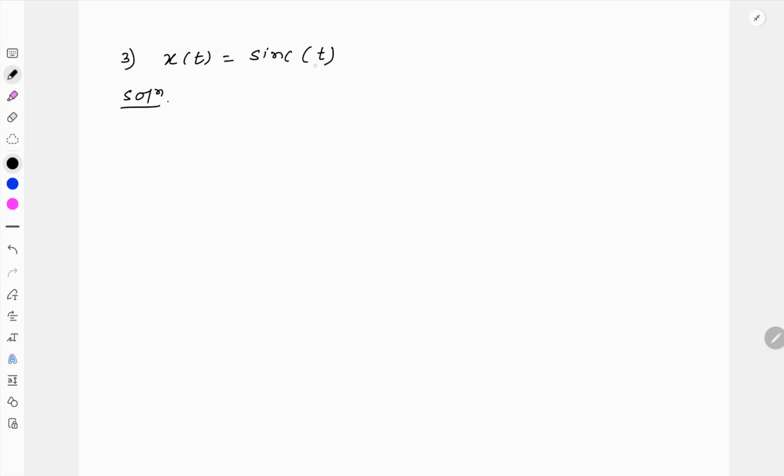To make use of it, we must understand a standard result: if we find the Fourier transform of a rectangular function, we get a sinc function.